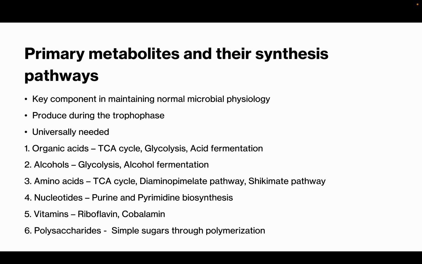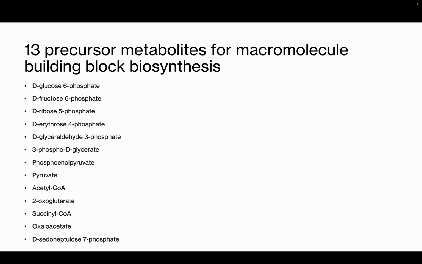In this recorded lecture, we will emphasize the different pathways that are involved in the production of these key primary metabolites. So first, let's have a look into the 13 precursor metabolites for macromolecule building block biosynthesis.